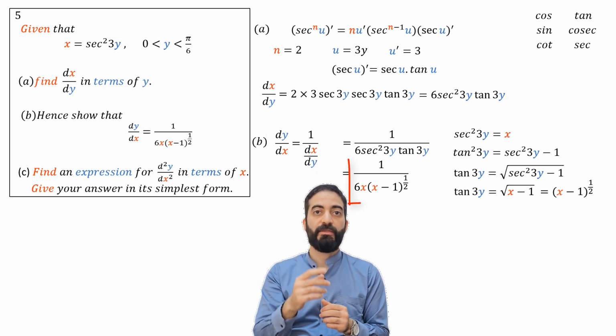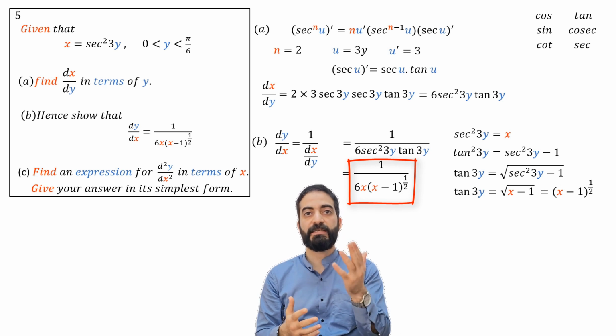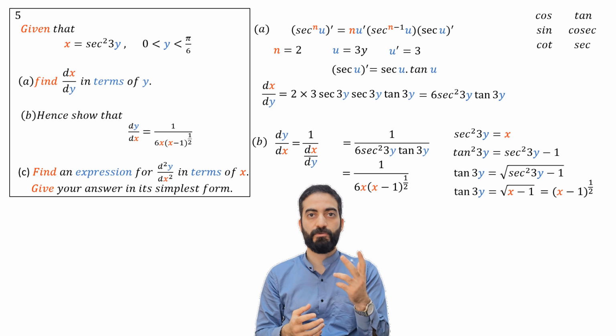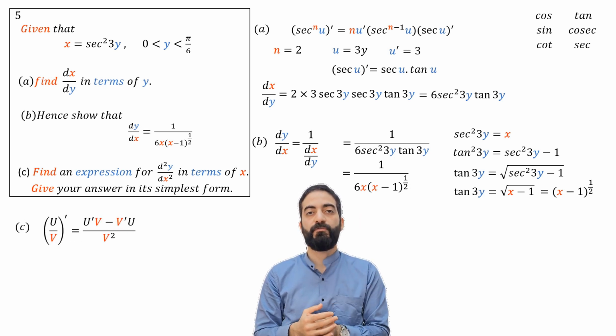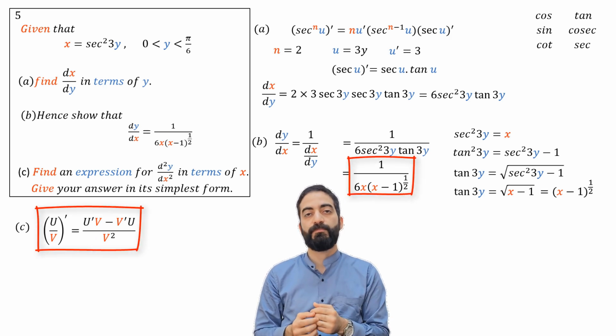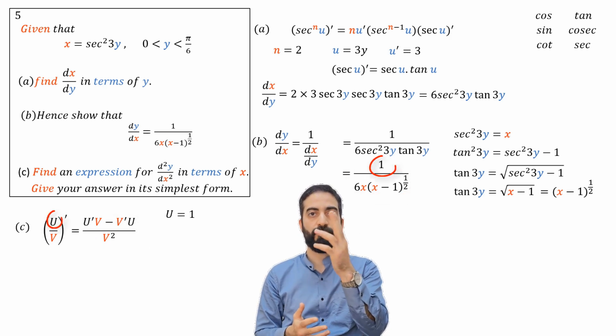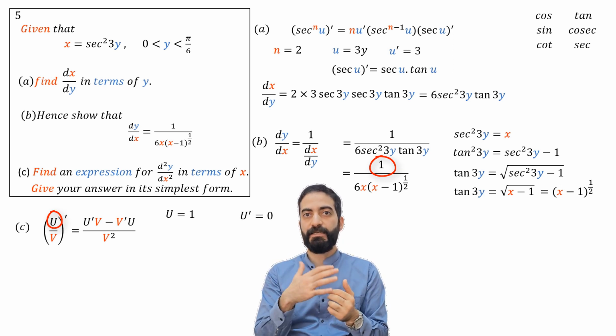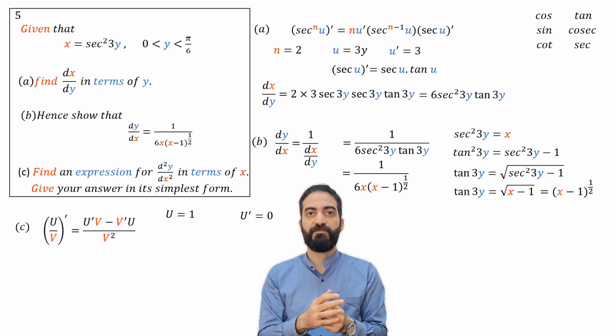As we notice here that dy over dx has the form of a fraction, and in order to be able to do the derivative, we must use this rule for the fraction, which is in this form. Here we have u equals 1. This means that u prime equals 0 because the derivative of a constant equals 0.